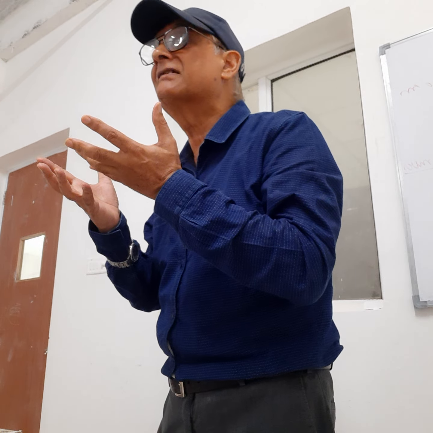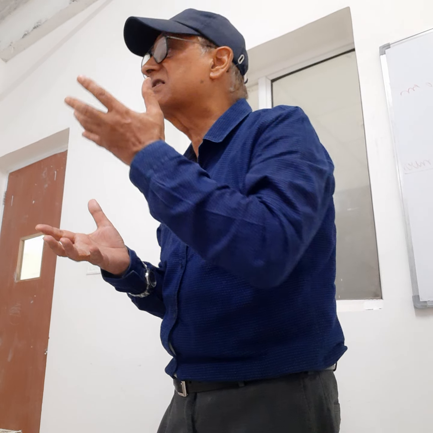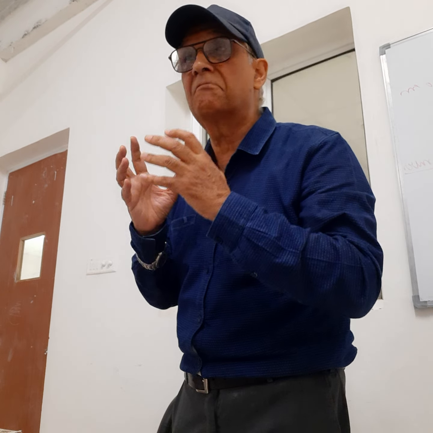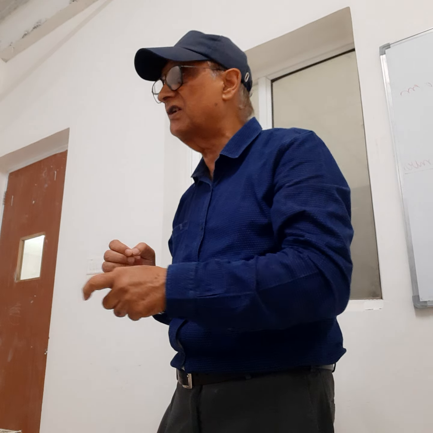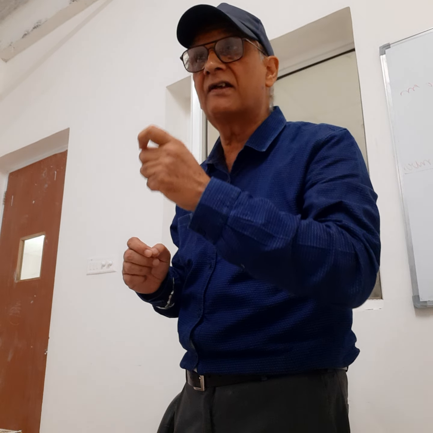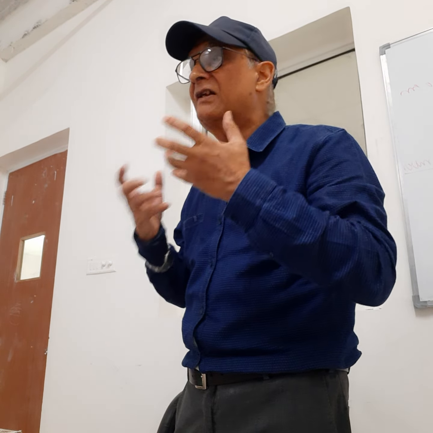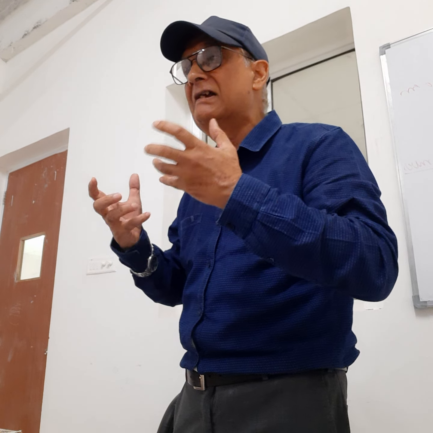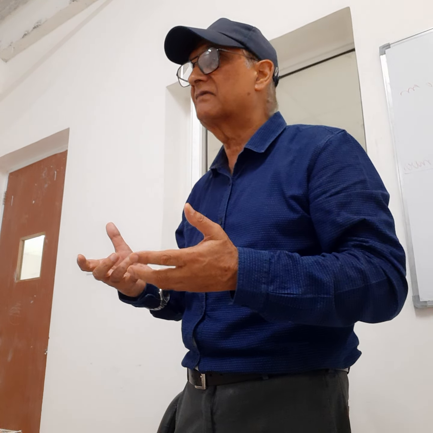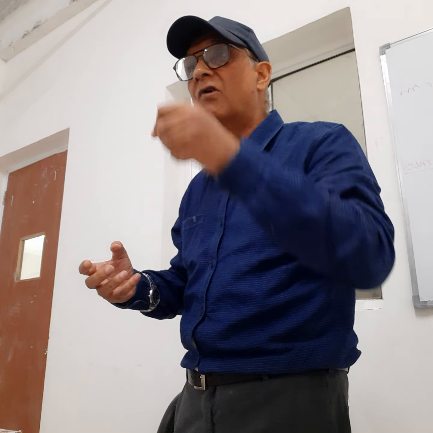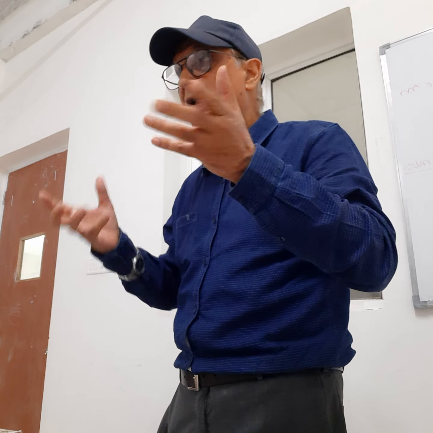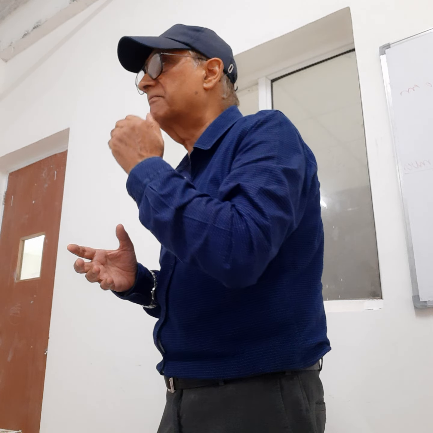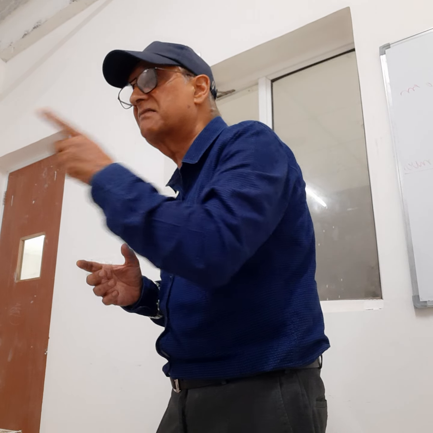TSH will be increased where there is deficiency of T3 and T4, because there is negative feedback to the pituitary. It is a demand, it is a cry, do something. The pituitary is telling you, do something, I'm stuck. My car is standing. I want control. So TSH level will be increased in hypothyroidism.